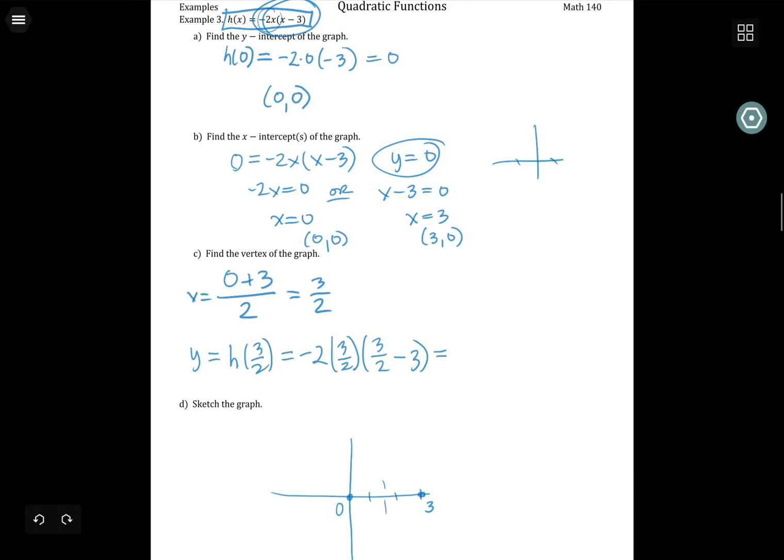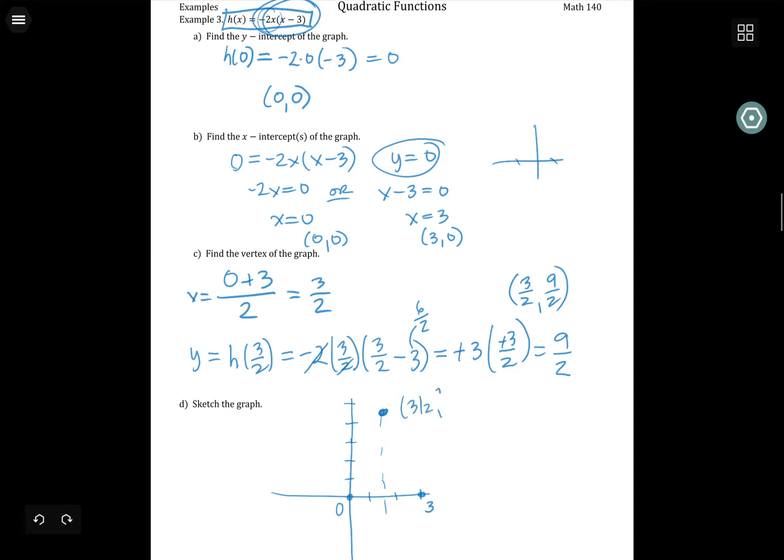Which gives me, let's see, I can cancel out a 2, negative 3, 3/2 minus 6/2 is negative 3/2. Cancel some negatives and I get 9/2. So my vertex is at (3/2, 9/2). So 1.5, 4.5. So let's go 1, 2, 3, 4, 5, right here.